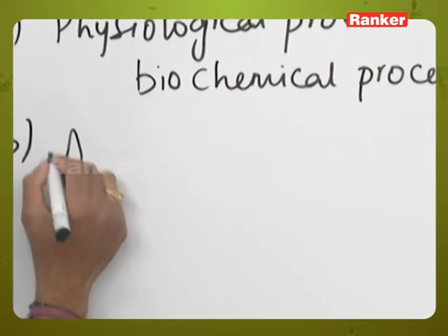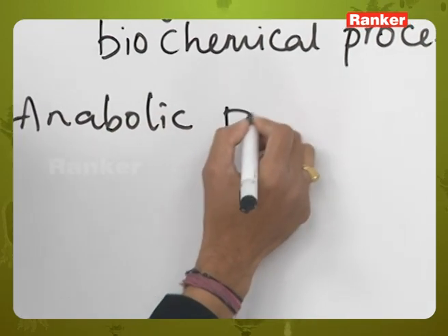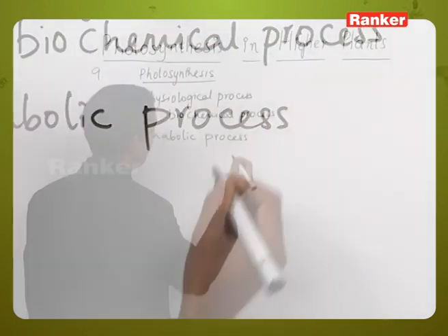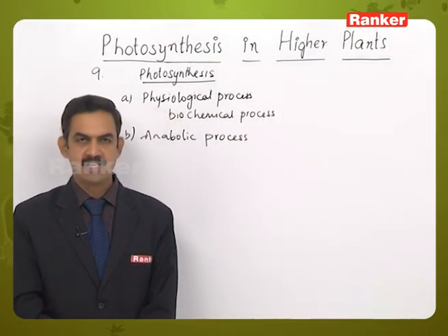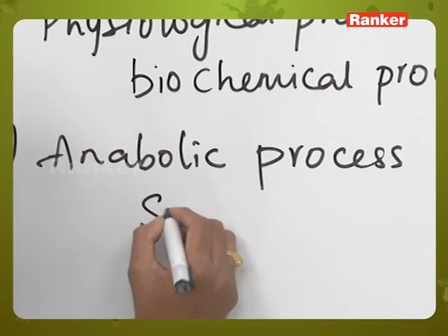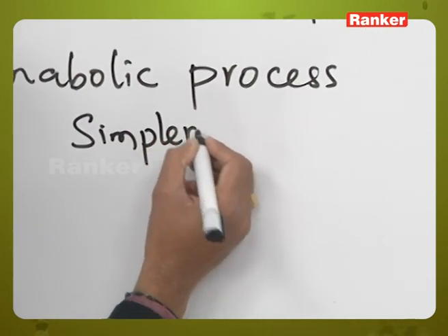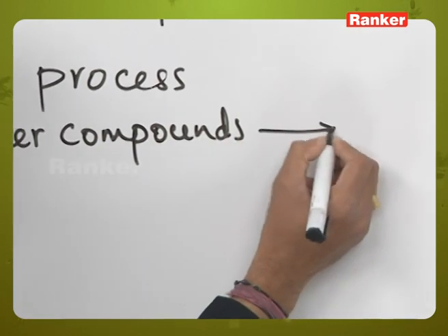B, it is an anabolic process. So here in the mechanisms, we know that anabolic process and catabolic process are there. Anabolic process or anabolism means it's a constructive process where simpler compounds are converted into complex compounds.